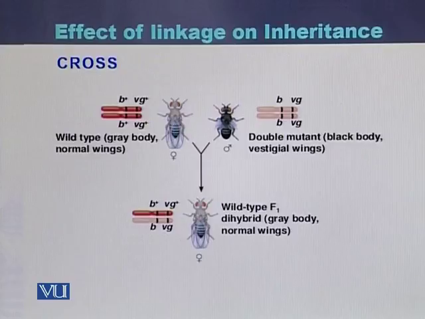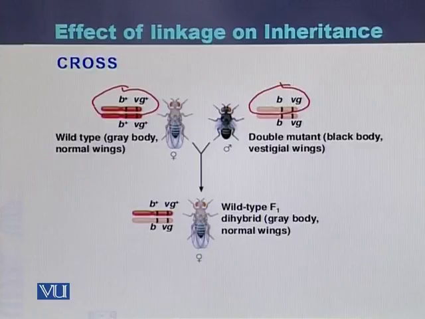As a result of the cross between these two flies, all the flies which appeared in the F1 generation were dihybrid, containing the gray body as well as normal wings. If we form their alleles, in the female fly the alleles will be this one, and in the male fly the alleles will be this one.